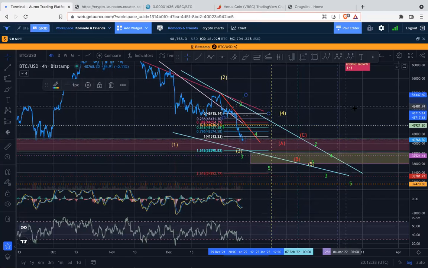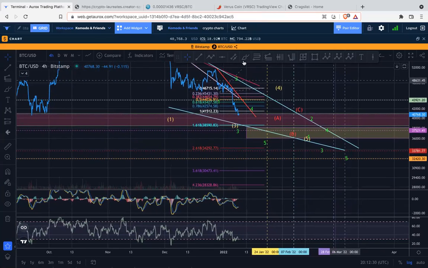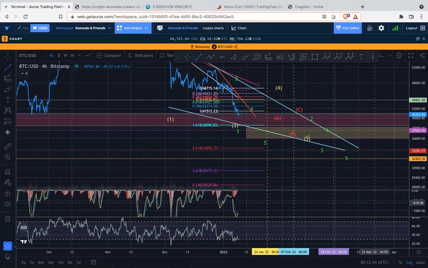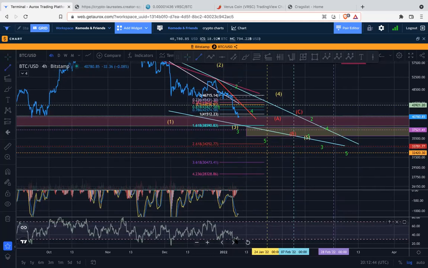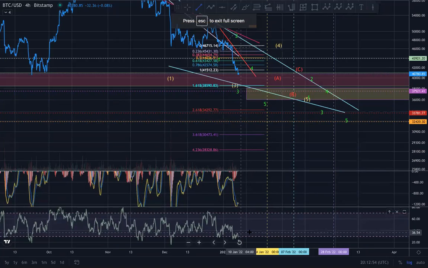And if you notice on this 4-hour chart, one of the reasons I wanted to come on too is because you're going to start to see potentially some divergence here. We're going to look and see when the price starts diverging. It doesn't look like it's there yet per se on the RSI.